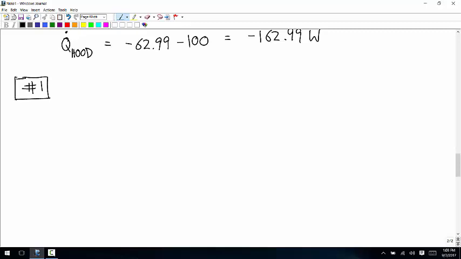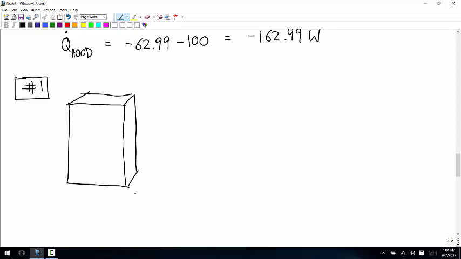Okay, so now we're talking about a wall made of concrete. That is a really screwed up wall. Fix that. Okay, so there's the wall. And it has a thickness of 0.2 meters. And the area of the face is 1 meter squared.